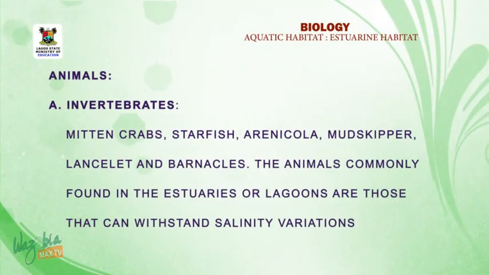Now, let's look at the examples of animals that are found in estuaries. We have invertebrates, birds, and mammals. Examples of invertebrates include crab, starfish, Arenicola, mudskipper, lancelet, and barnacles. These animals are commonly found in the estuary or lagoon because they can withstand salinity variation.